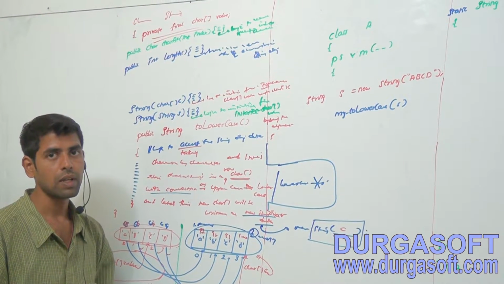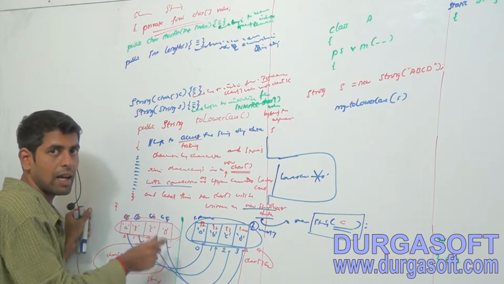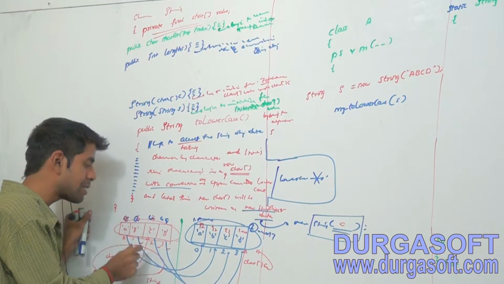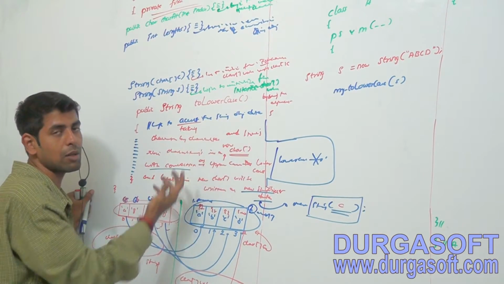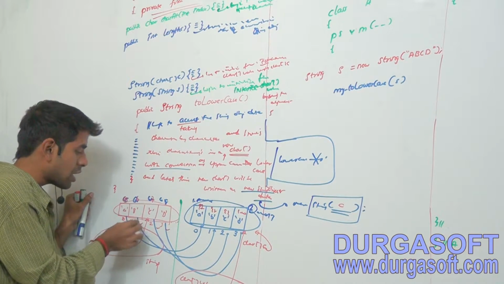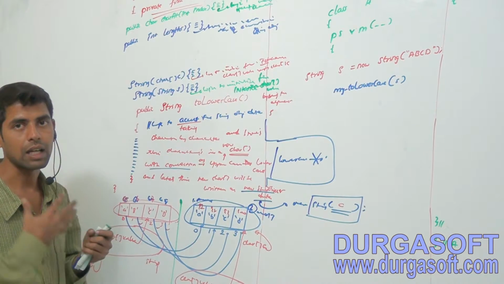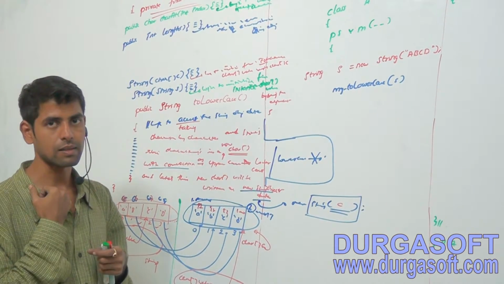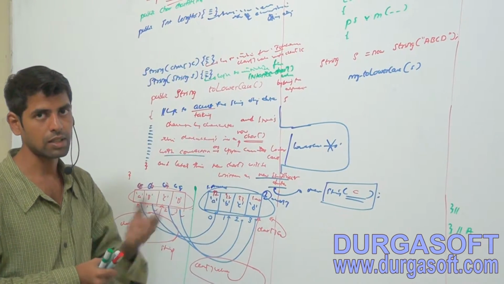Here, simply to access character by character, that is index by index, each and every index character I want to access. Simple thing, I will use the charAt method, that's it.